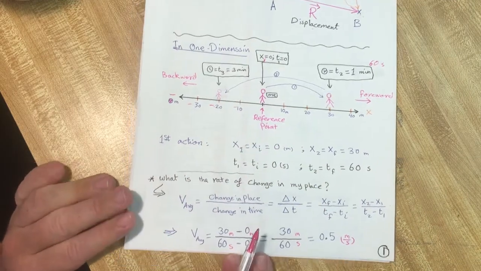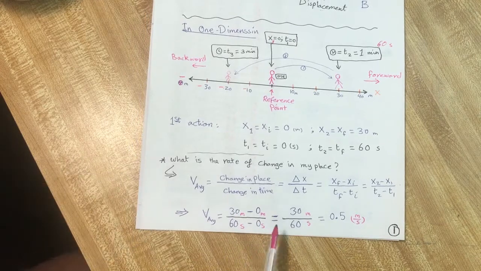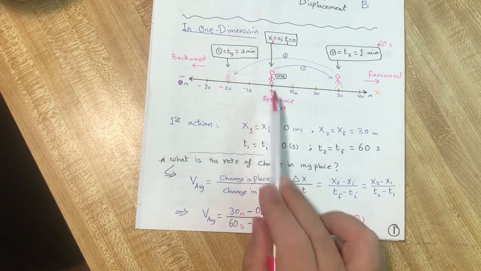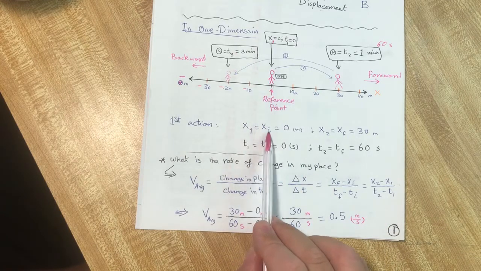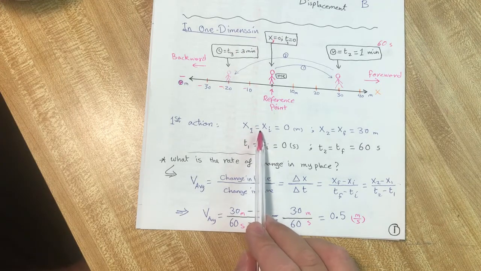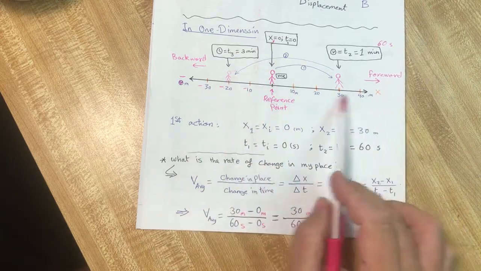Okay. We need now to calculate something known as the change in place, or the rate of change in place. In the first action, I choose to name the position by x because we are on the x axis.